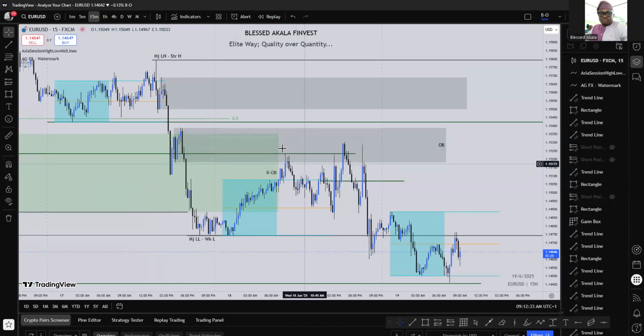So we have this level here. There is a proper mitigation of this OB, but we didn't have that proper movement below, and it begins to range here, giving us an expanded triangle.